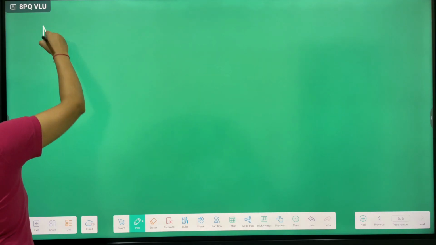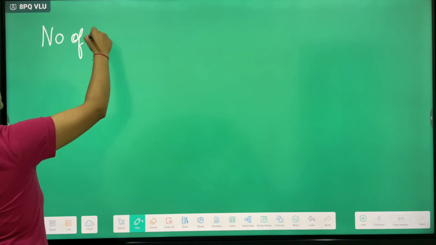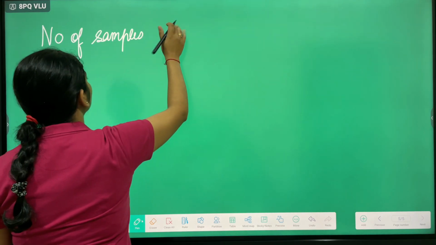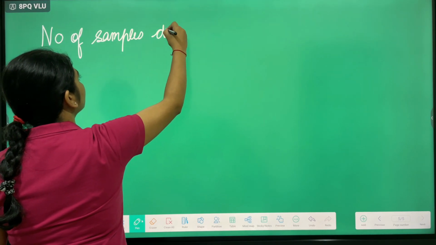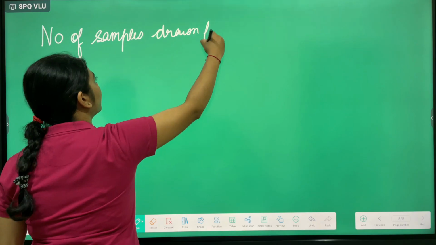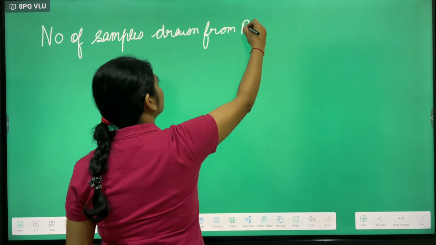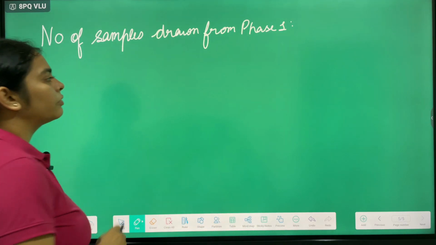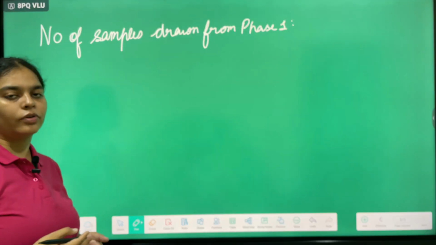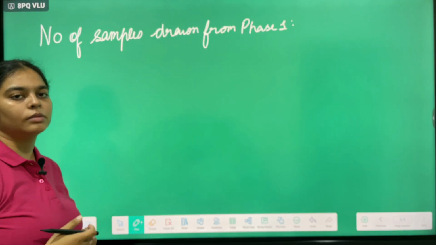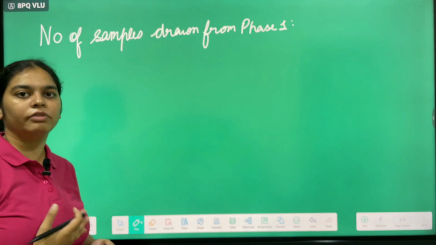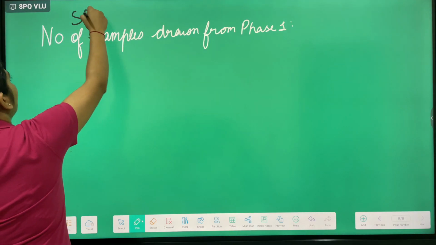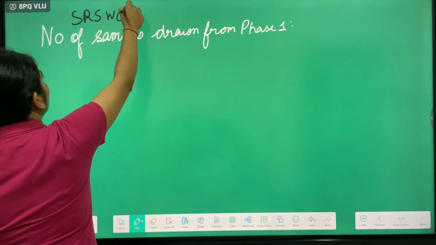Now we can consider the number of samples drawn from phase 1. Now we know that we can draw the sample with simple random sampling, either using with replacement method or without replacement method. Let us say we are drawing with simple random sampling without replacement method.